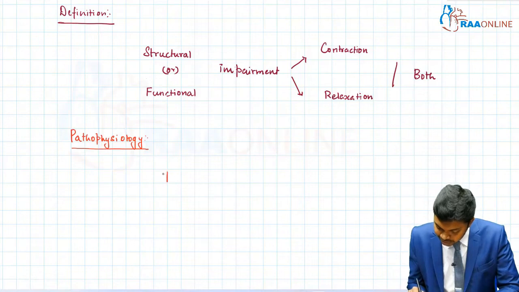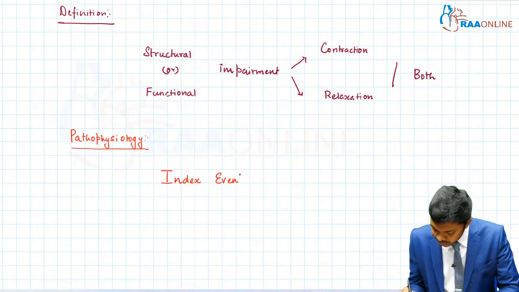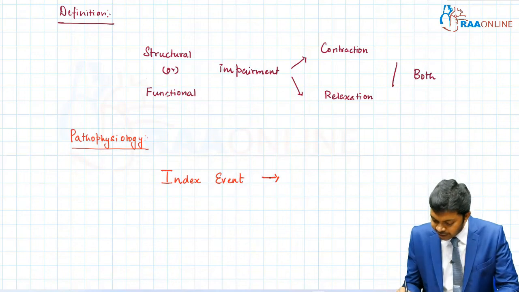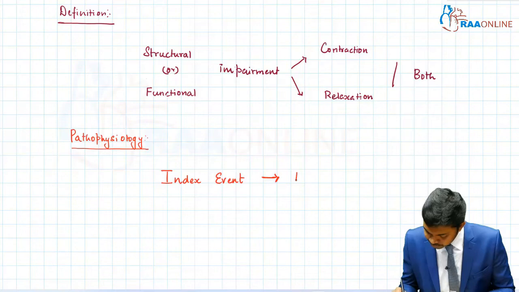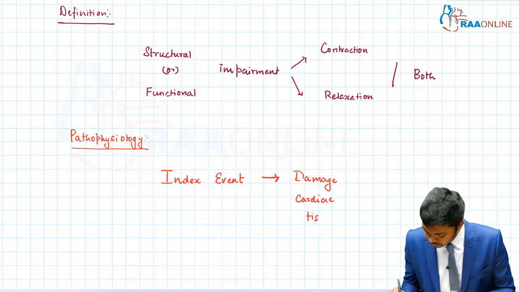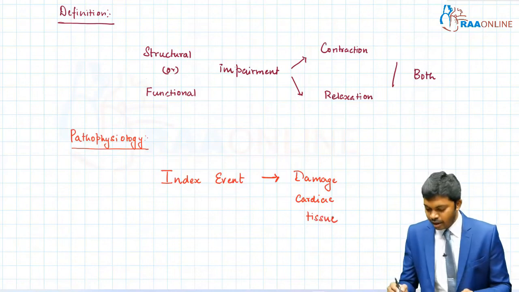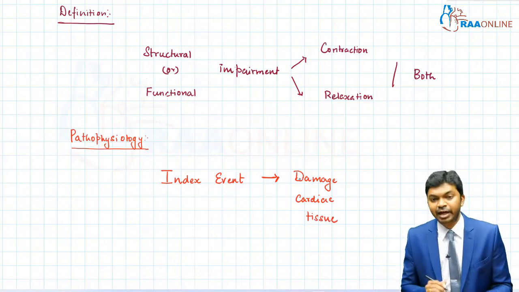So you always have the presence of an event called the index event, and this index event, doctors, is going to damage the cardiac tissue. And this damage causes cardiac failure.